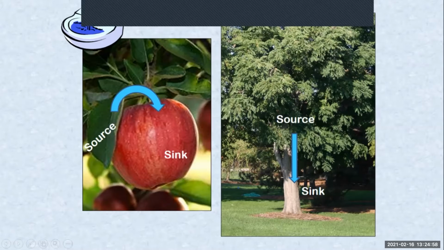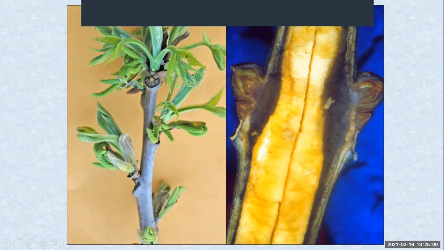Now, sometimes leaves can be a sink. When they're very, very young, the leaves are going to need carbohydrates to develop. If you take a look at the interior part of a twig, this is a twig that's been split open and stained with potassium iodide. If anybody has ever done this as a high school experiment, you can take this iodine stain and place it on tissues.